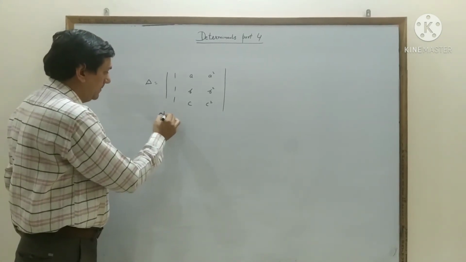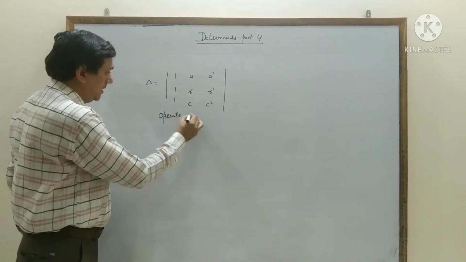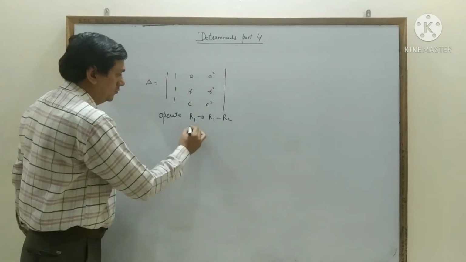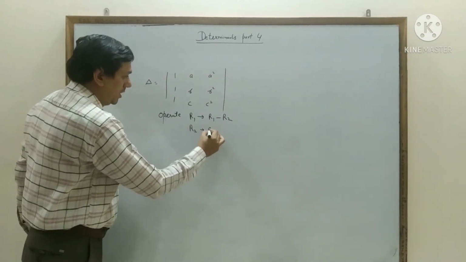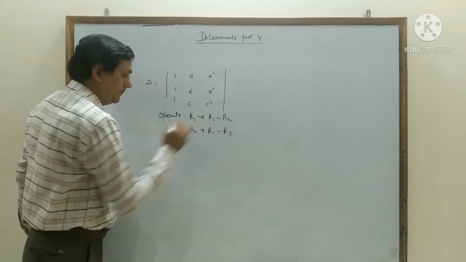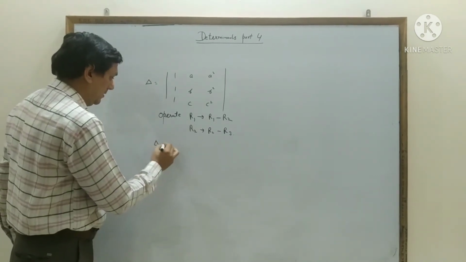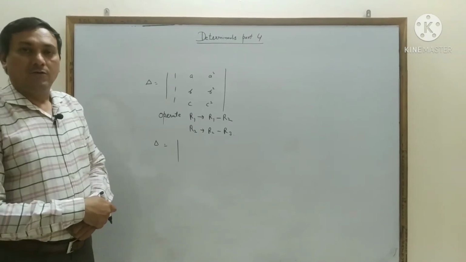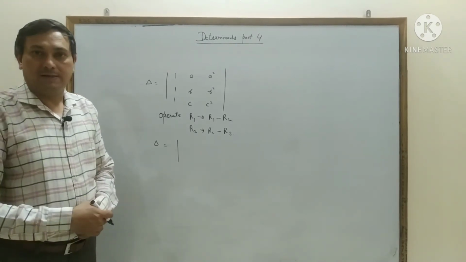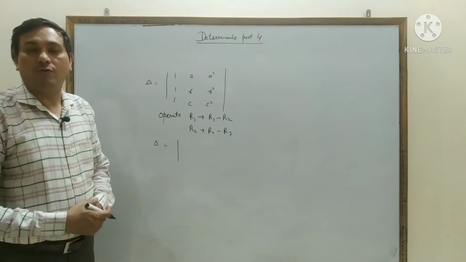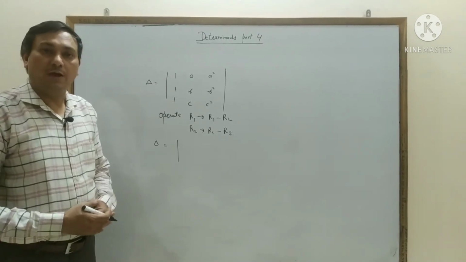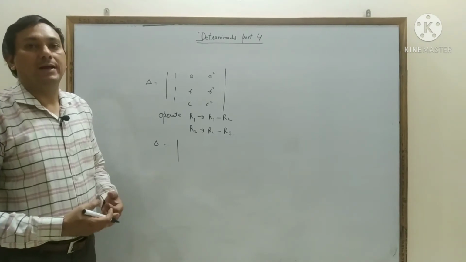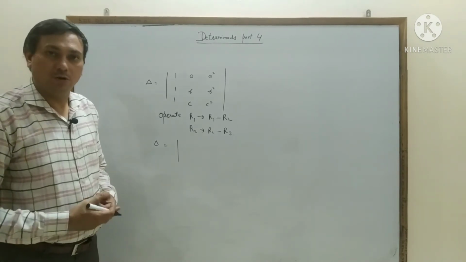We operate R1 goes to R1 minus R2, R2 goes to R2 minus R3, because one of the properties we have learned is that we can add or subtract multiples of the elements of any of the row or column to the corresponding elements of another row or column.